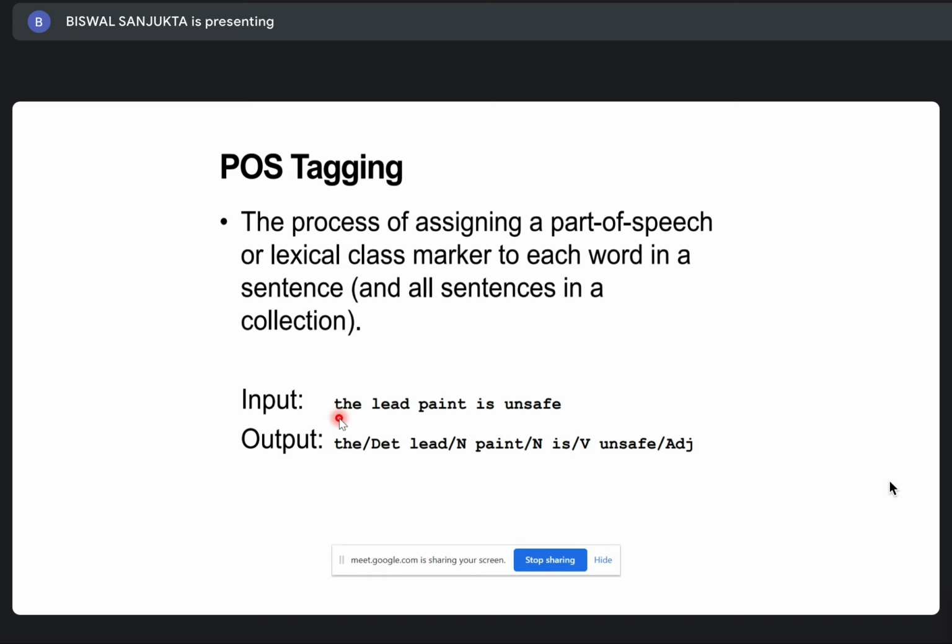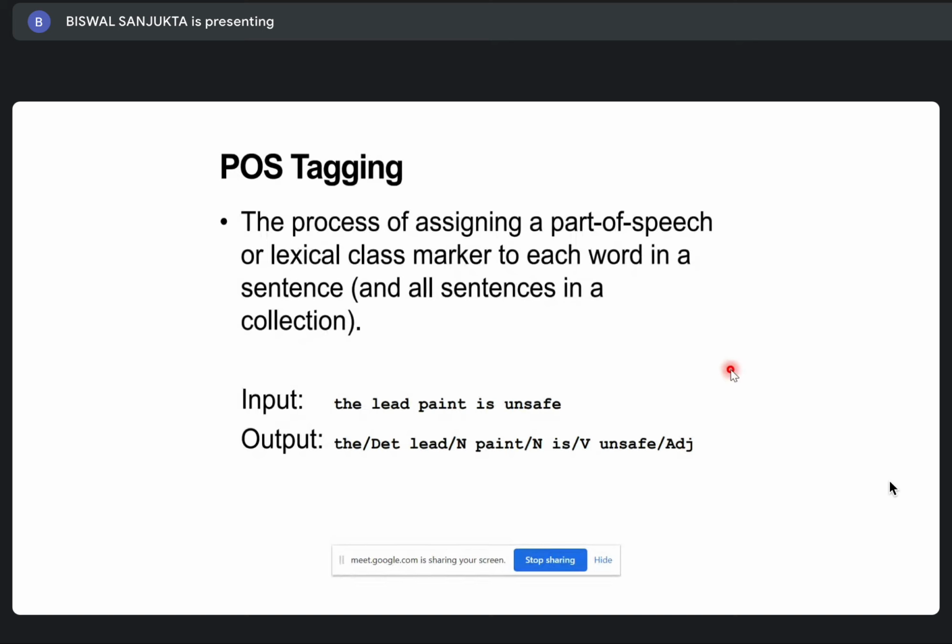POS tagging means a sentence is given. Before that, you will have a training data set where they will have this kind of sentence as the input, and they will mark, for example, 'the' is a determiner, 'late' is a noun, 'paint' is a noun, 'is' is a verb, 'unsafe' is an adjective. Like that, they will have already labeled the data.